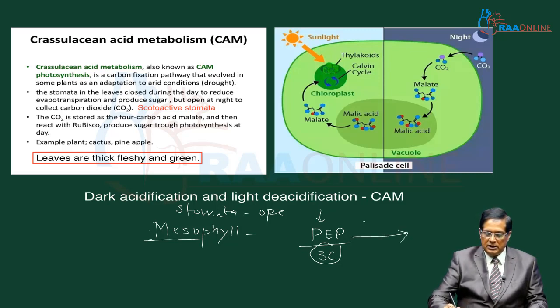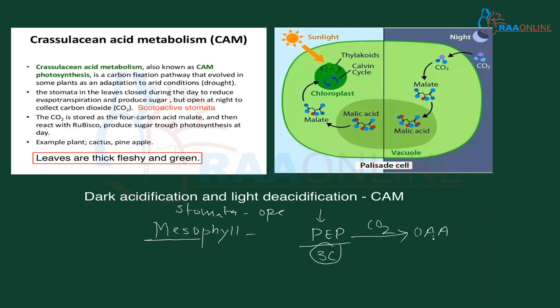This PEP traps atmospheric carbon dioxide at night and forms oxaloacetic acid, a 4C compound, which is reduced to malic acid, in the same way as we have studied in C4 plants.